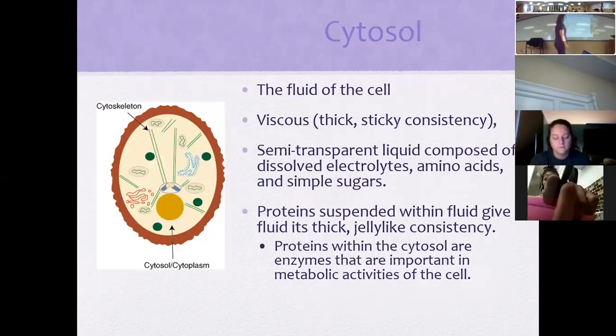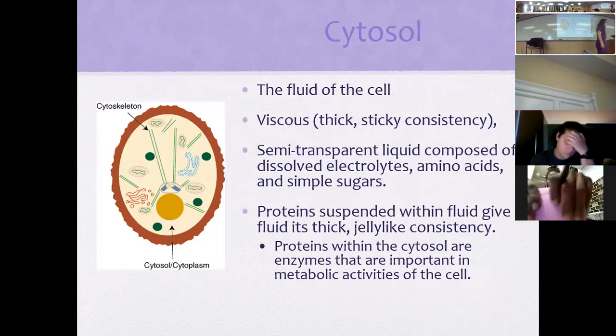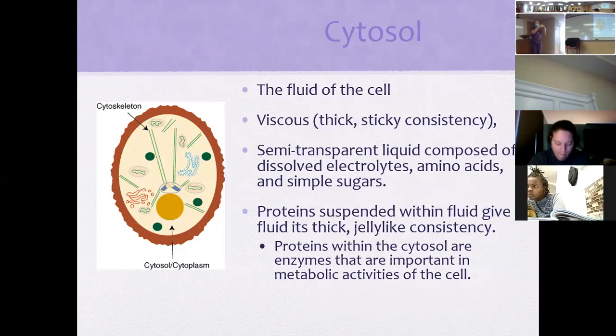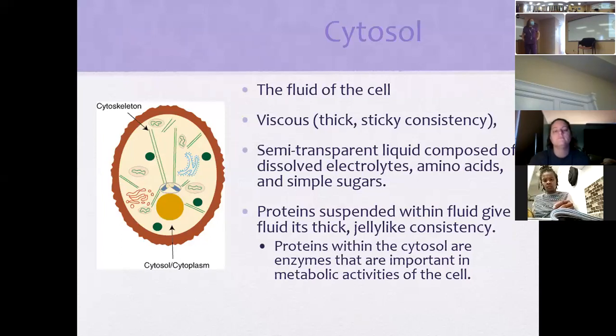So the cytosol is this jelly-like fluid. Think of your cells kind of like a water balloon, and that's what allows them to shape and move and be kind of dynamic. It's not just a hard round ball. So our cytosol and cytoplasm basically.